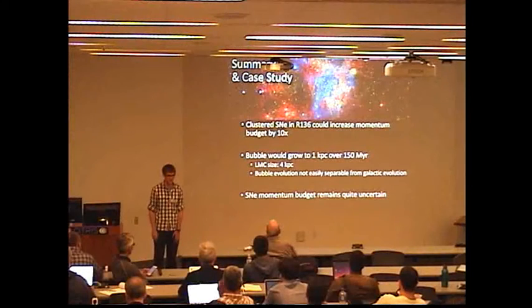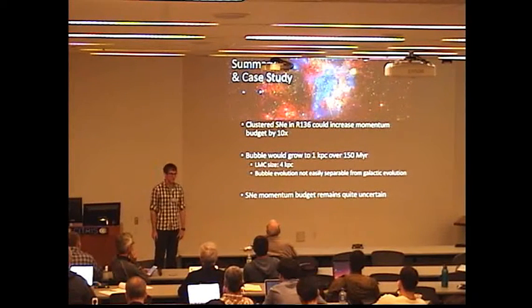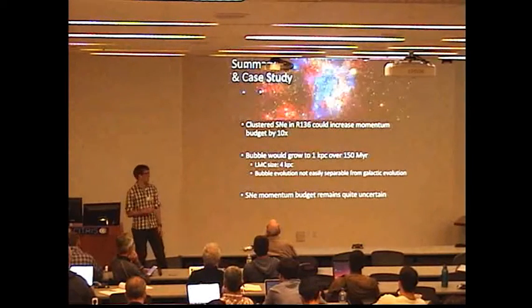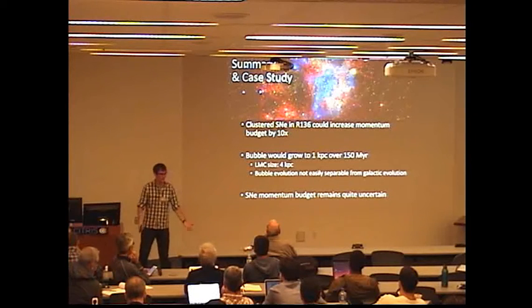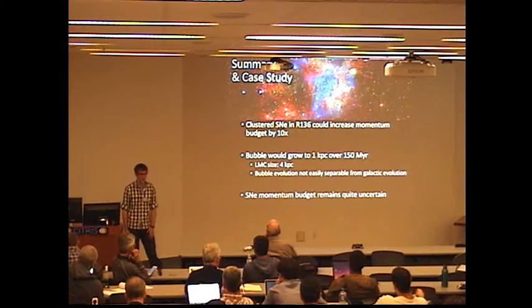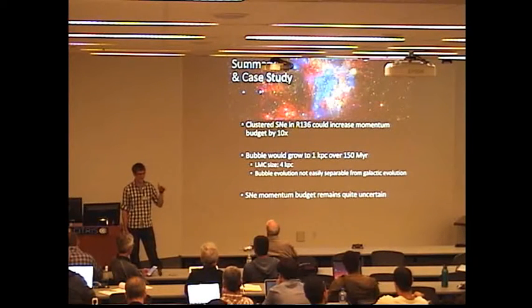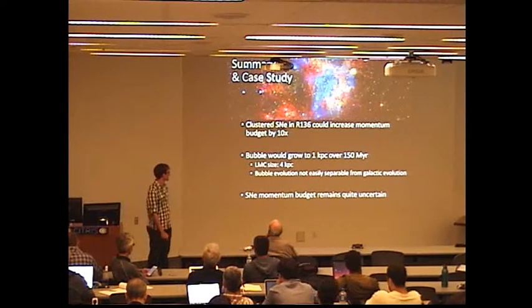So to summarize, let's circle back to that case study of R136. It has order 100 supernovae, so you would expect the momentum to be boosted up by a factor of roughly 10 for the amount of momentum that you're going to be getting out of the system.